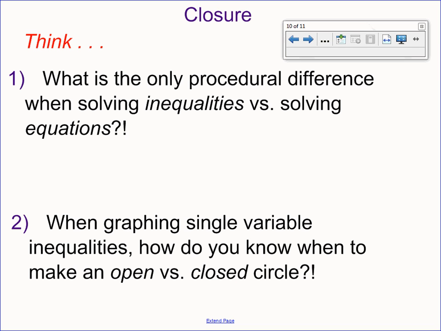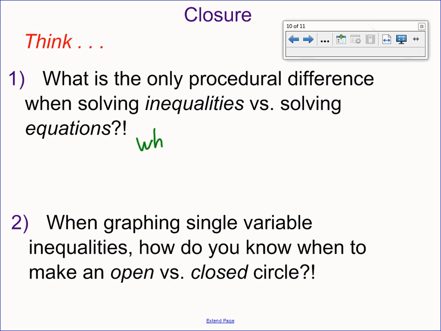Okay, so when solving an inequality versus solving an equation, what's my only procedural difference when I do that algebraically? Aaron? You have to flip the sign when you divide by a negative number. Good. When you multiply or divide by a negative number, we must change the direction of the inequality. Good job.